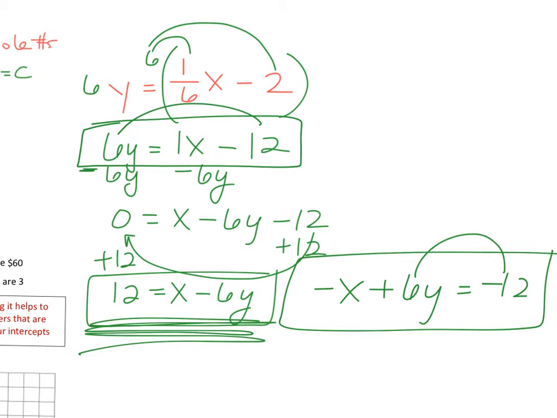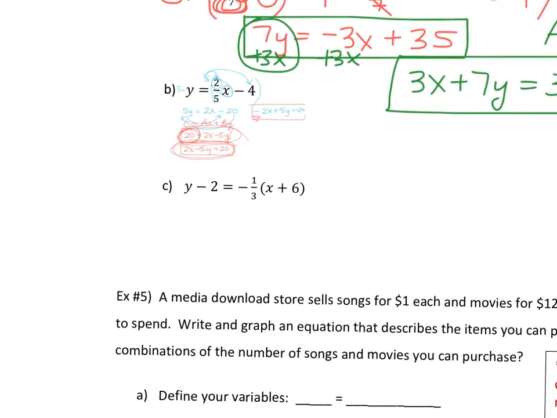So you need to say 12 equals 1x minus 6y. Yeah, that's what this is. This is the correct one. I just didn't put the 1 out in front. You can put the 1 in, you don't have to put the 1 in. Okay? This one's easier, in my opinion.